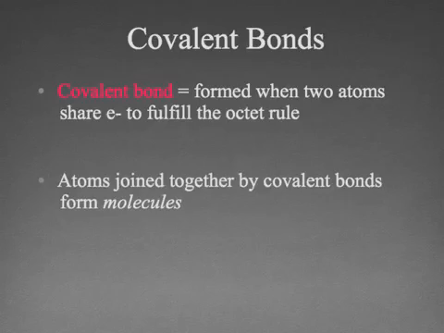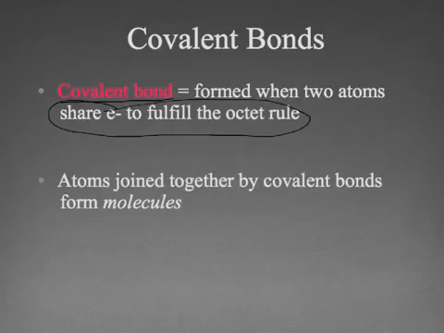So the other bond type that you're going to be responsible for is covalent bonds. In ionic bonds, we were either taking or giving away electrons. In a covalent bond, 2 atoms share electrons. When these guys share electrons, instead of forming a salt like we do in an ionic compound, we're going to form what's called a molecule.